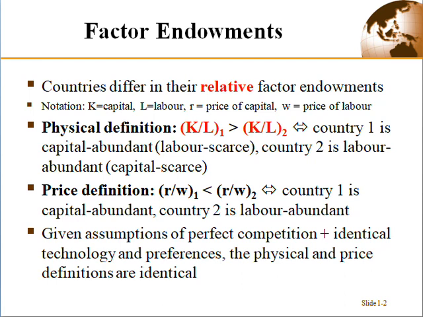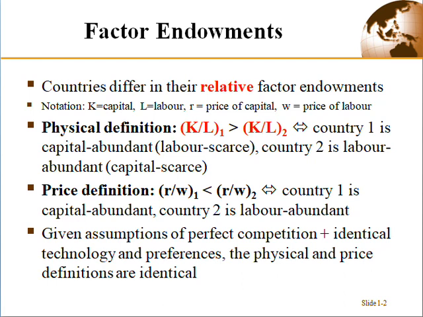So in the physical definition, country 1 is considered to be capital intensive, that is labor scarce, if its proportion of capital over labor is greater than country 2's capital endowment. That's country 2 is labor intensive in this case, and the same thing is applicable to price.